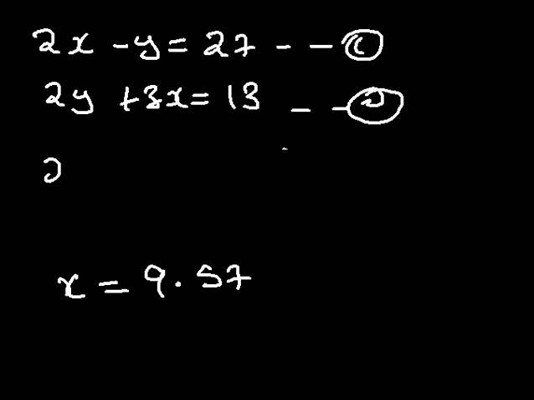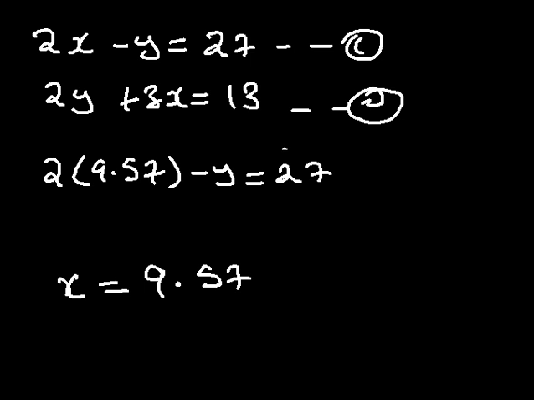We'll have 2 times 9.57 minus y, which is equal to 27. So in that case, what is 2 times 9.57?